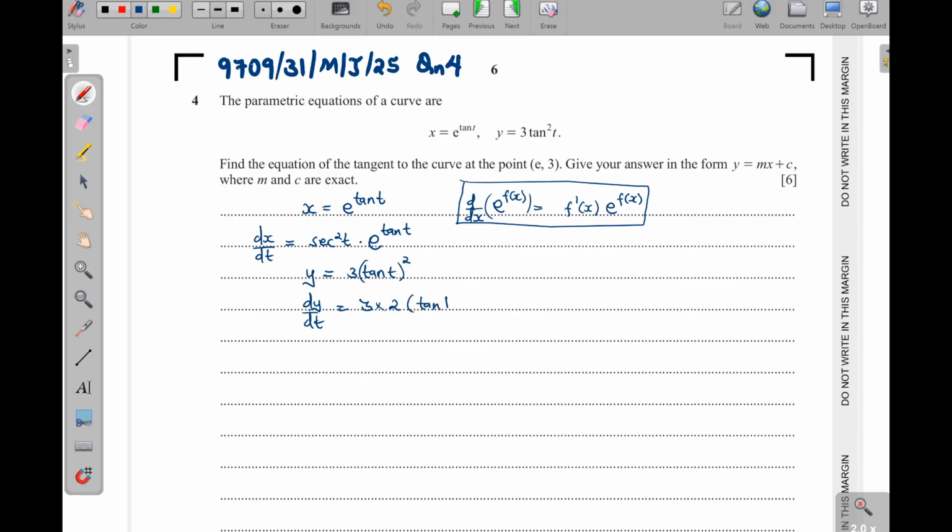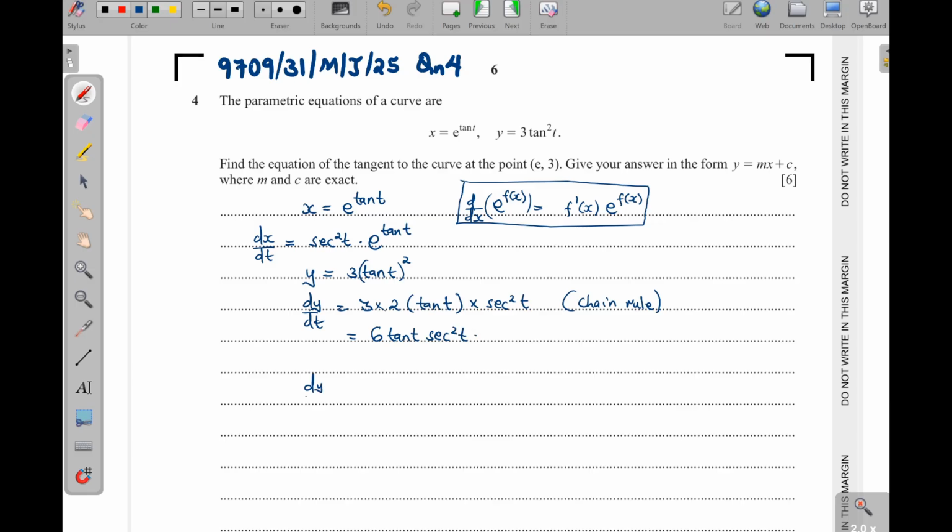Then tan t, you reduce the power by 1. Then from there, you go inside and differentiate this, which is going to be sec squared t. We do this by using the chain rule. Now this simply implies that we shall have 6 tan t sec squared t.